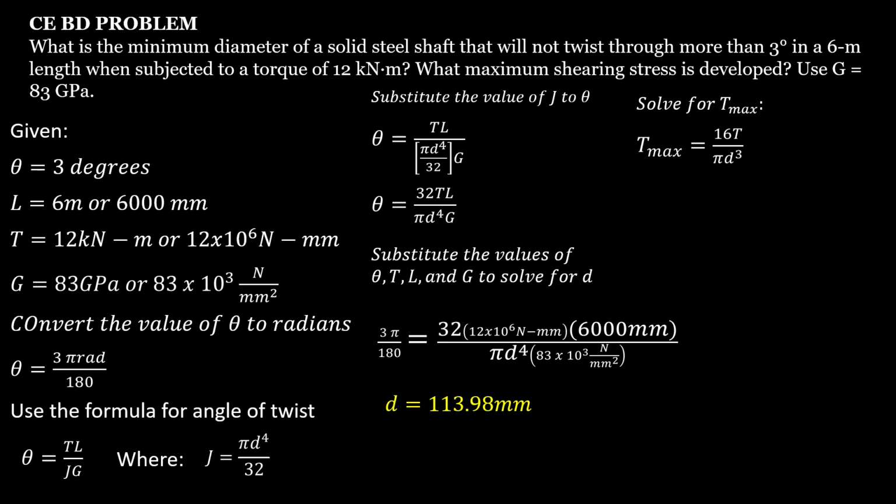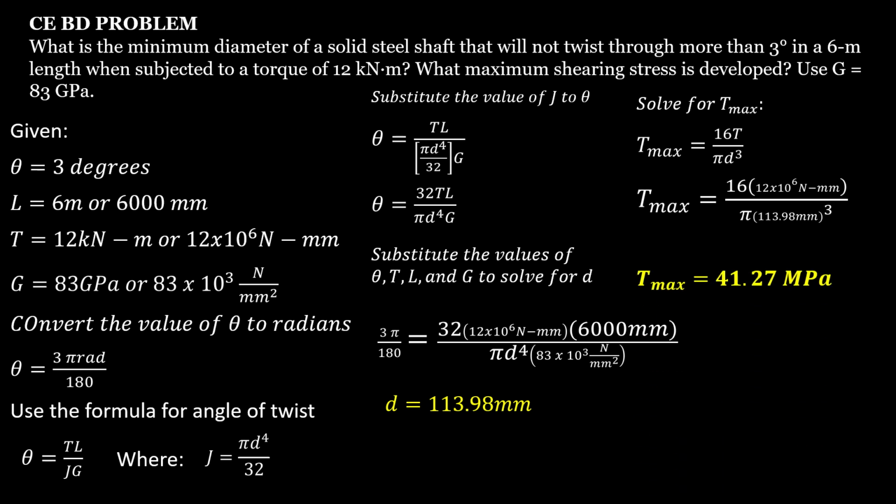Let us now do the substitution process. Our shearing stress equation now is equal to 16 times 12 times 10 to the 6 all over pi, and of course all over 113.98 to the third power.